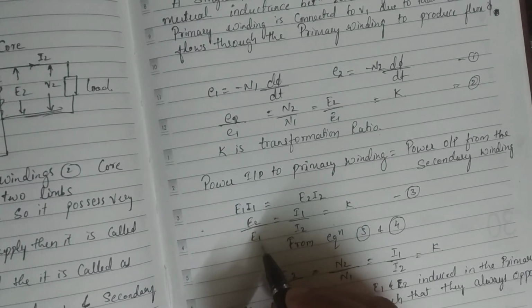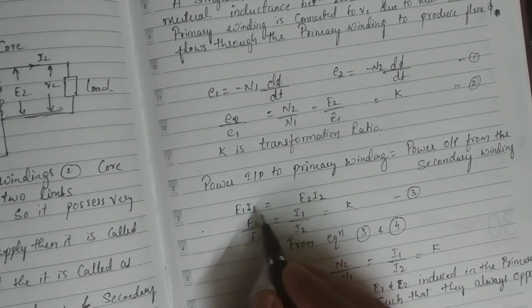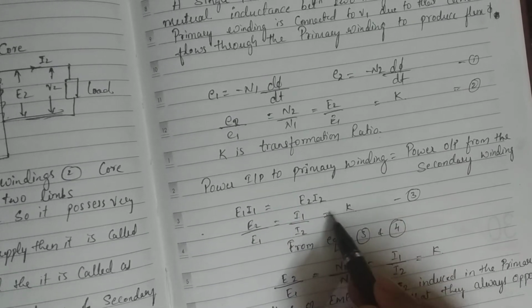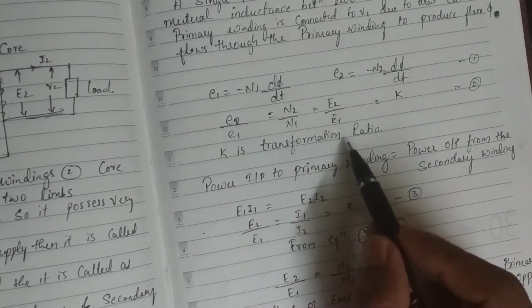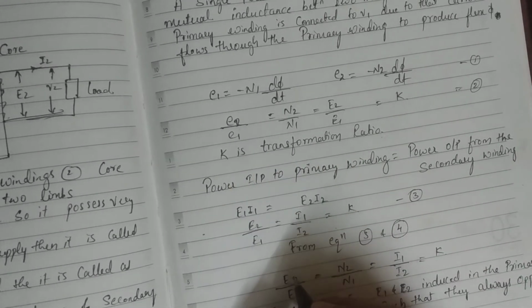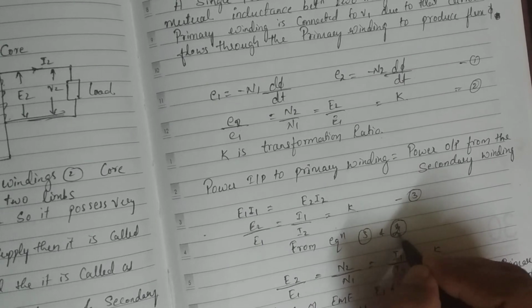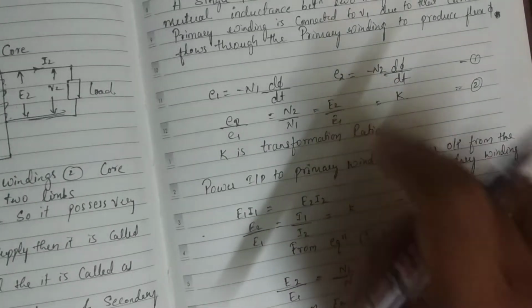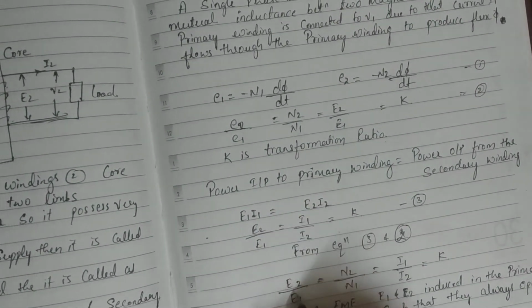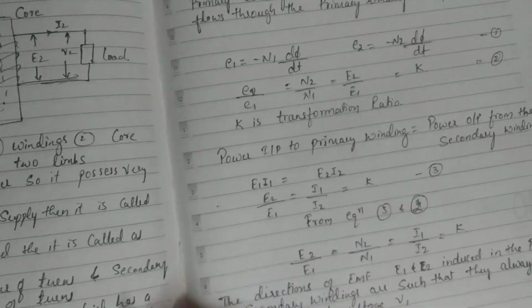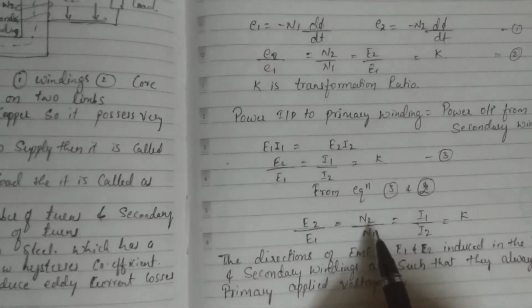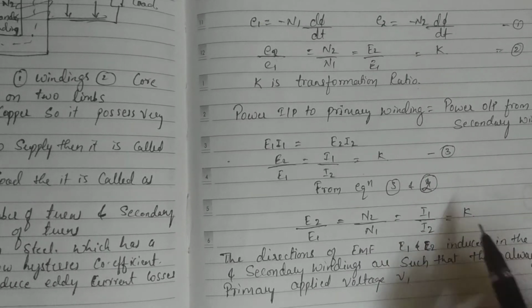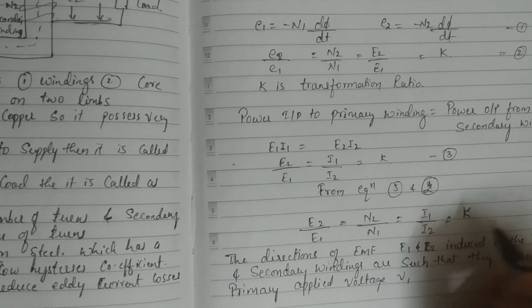When you simplify this, E2 divided by E1, cross multiply, it becomes I1 divided by I2. That is denoted as K, the transformation ratio. So from equation number 2 and equation number 3, when you simplify these two, we get E2 divided by E1, equal to N2 divided by N1, equal to the current I1 divided by I2. That gives the constant K.